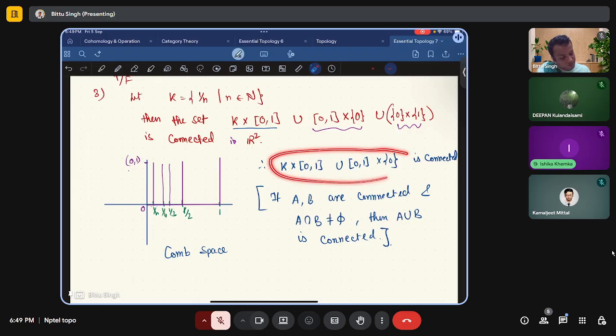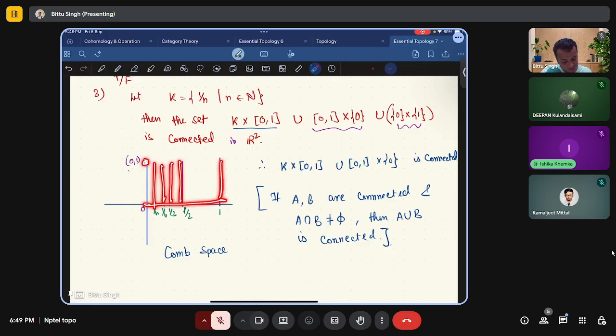So up to this, there is no problem. The only problem is that extra point. If you consider only these pieces, then it is clear that this piece, this one, should be in a different component, right? This cannot be connected with these lines.